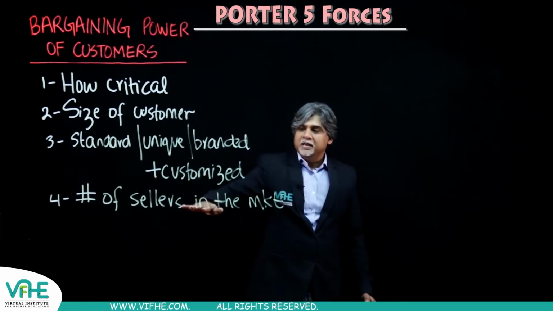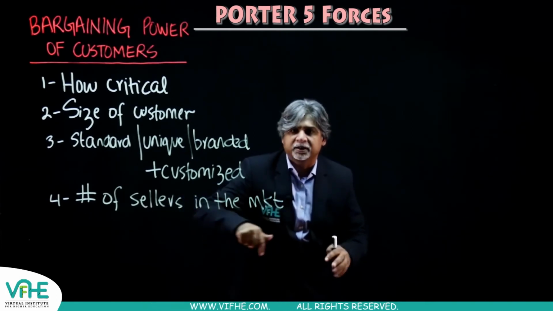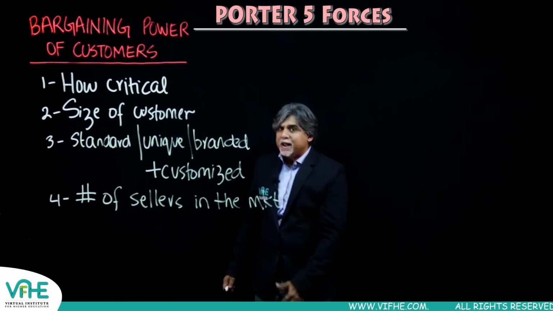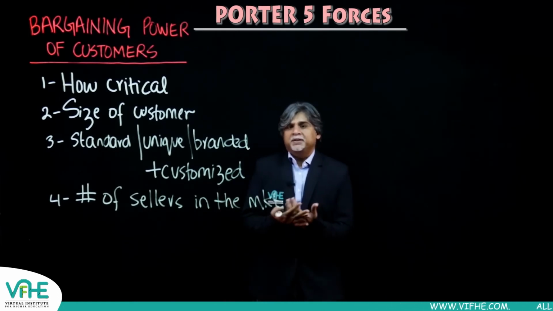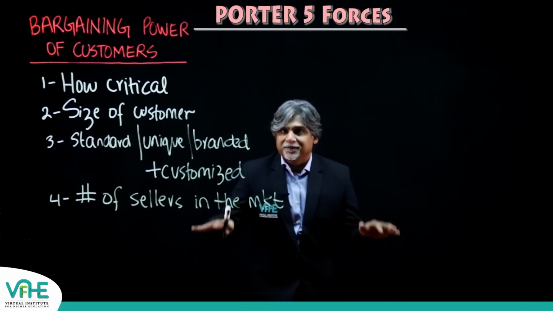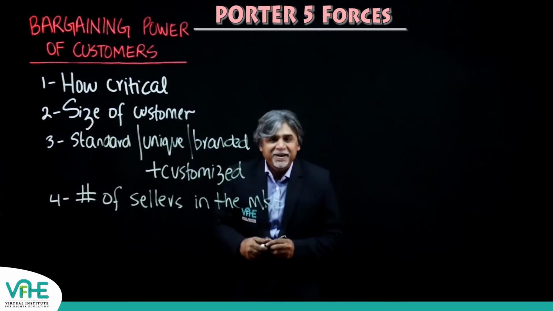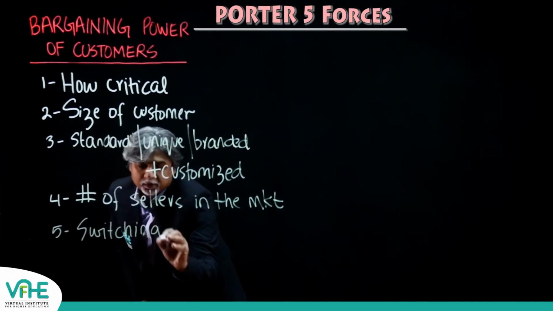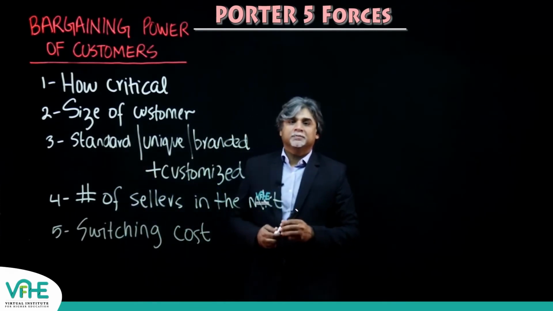But whenever there are very few sellers, like a monopoly situation where there is only one supplier, then in that case, customers' bargaining power will be low. And finally, the last factor is called switching cost.